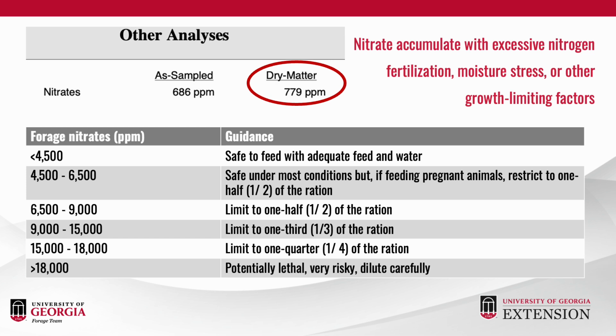Here you can see up to 4,500 parts per million is completely safe to feed with adequate feed and water. Above that level, we start limiting the amount of that material in the ration until it reaches greater than 18,000 parts per million, and we do not recommend feeding this material to most animals in many farm cases.